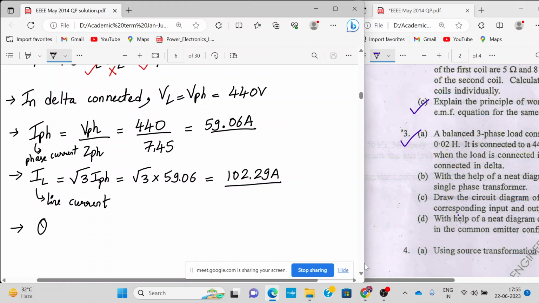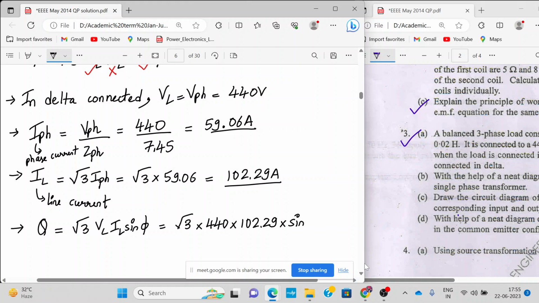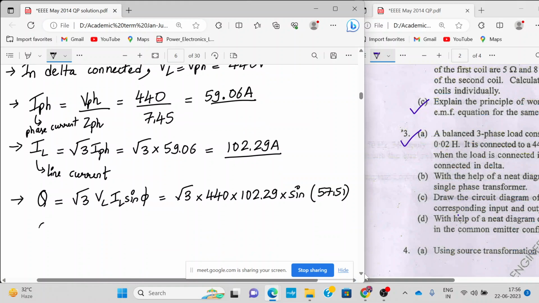Okay. And the reactive power will be given by root 3 VL IL sin phi. That will be root 3 into VL, it's actually 440, into IL, into sine of phi, which is around 57.51. So if you put it in a calculator, Q will be around 65.75.